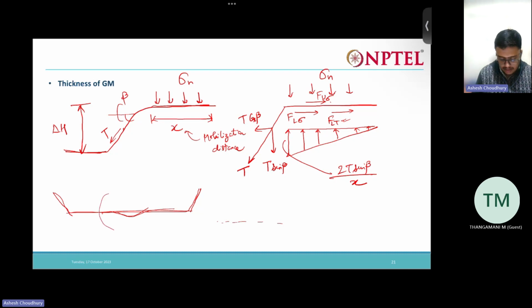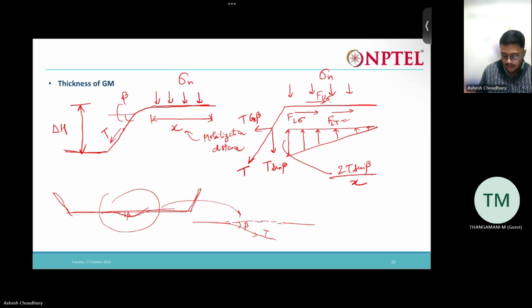If I zoom in on this portion, initially it was like this, but now there is some settlement. This settlement angle is nothing but beta. Due to this settlement, there is some tension mobilized. So we need to design the T considering this possible settlement.